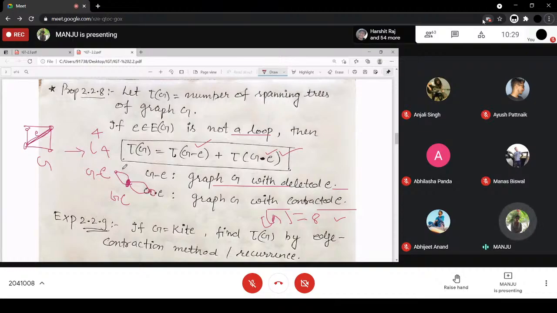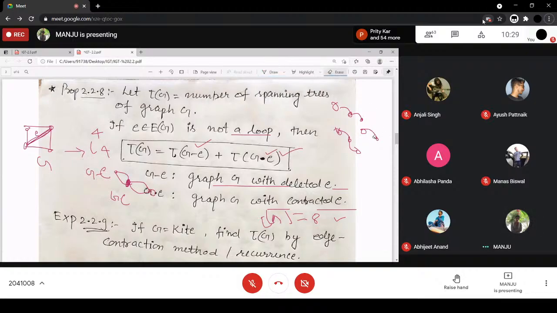There are 4 edges present. This one, this one, this one, this one, right? So P3 will work, and how many P3 exist? This edge with this edge, this edge with this edge, this edge with this edge, this edge with this edge. So 4 exist, right? That is these two edges, these two edges, and what else?